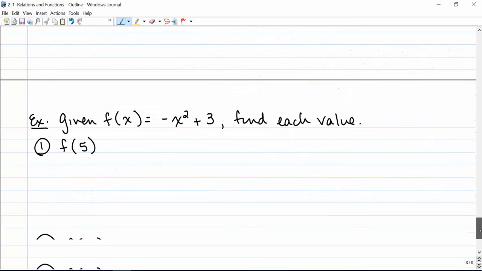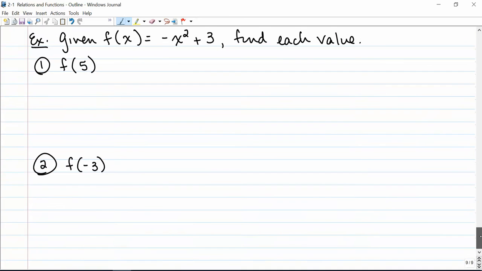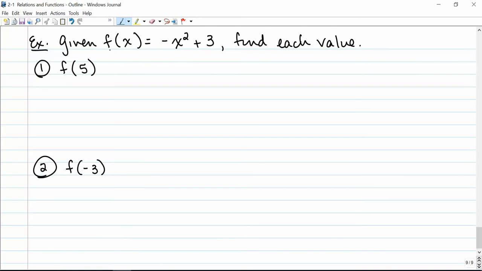And to wrap up here, we'll take a look at a couple examples. So given f of x equals negative x squared plus 3, we need to find each value. So I'm going to start with f of x equals negative x squared plus 3. And remember what we do is we take this 5 and we plug it into here for x.